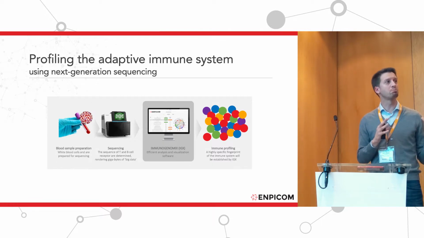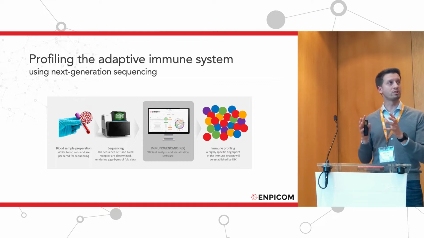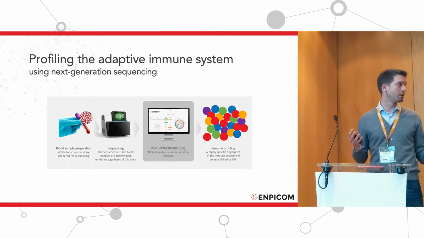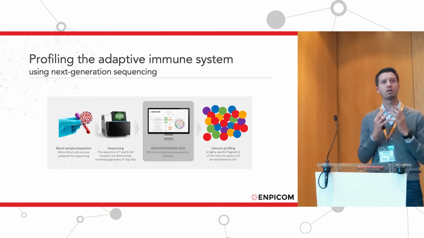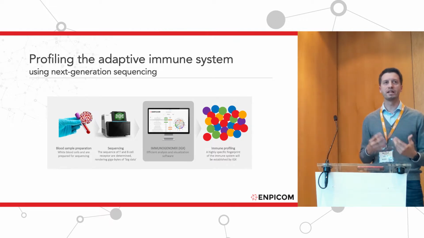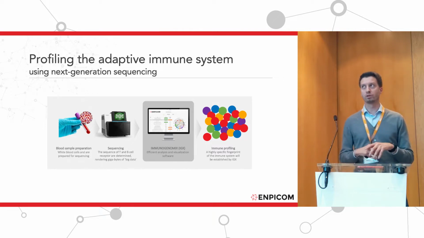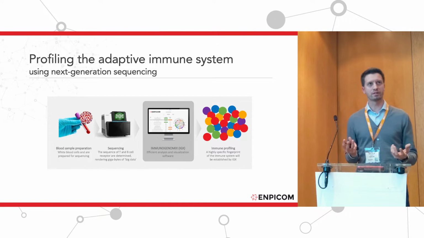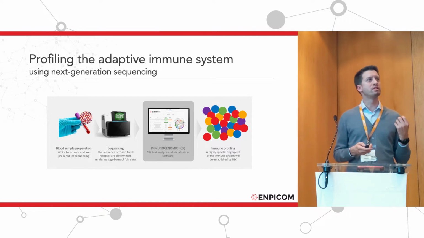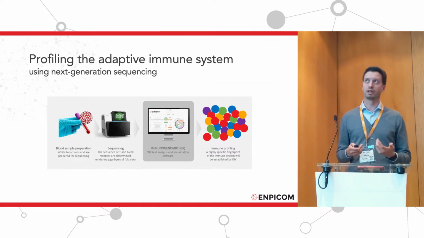Then, when the sample has been prepared, it is moved to sequencing with a standard Illumina sequencing machine. A lot of data is usually generated through these experiments, and that data is then analyzed with a software solution that we built to analyze immune repertoire sequencing and give what we call an immune profiling of your original samples. But what is this immune profiling that we're talking about?